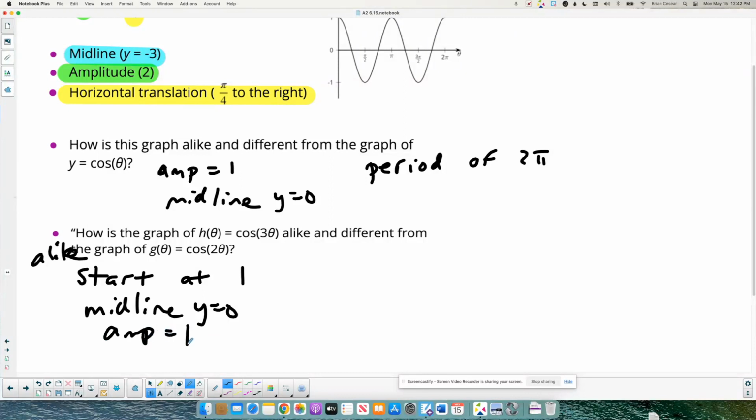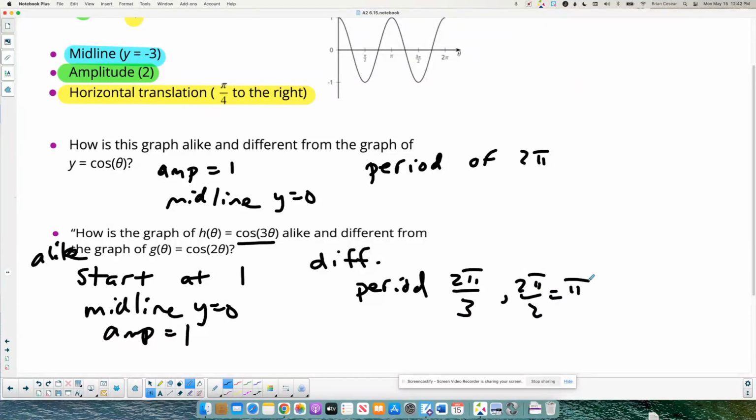Amplitude is 1. But the period length is 2 pi over 3 for cosine 3 theta, 2 pi over 2, which is pi, for cosine 2 theta, and then 2 pi for just cosine theta. All right, so that's the big difference. The period length will be different.